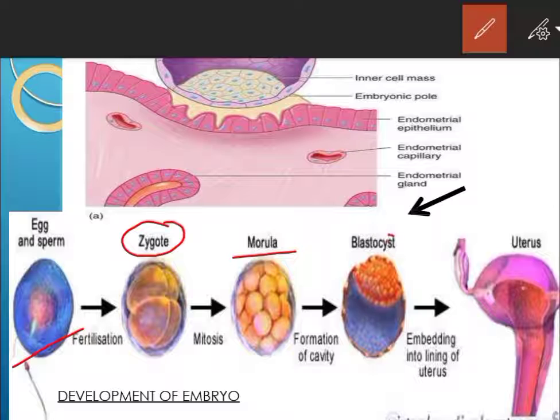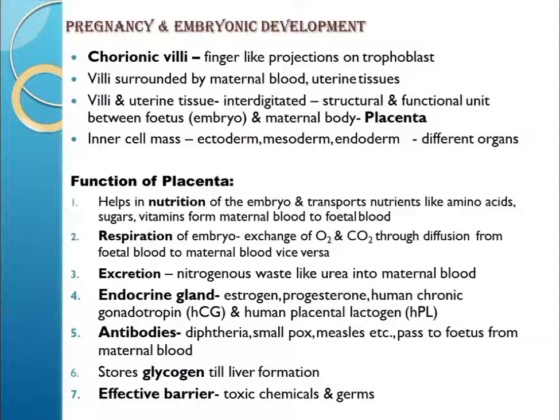Morula further gets differentiated and divided and gets converted into blastocyst, which has the trophoblast layer and the inner cell mass, and then this trophoblast layer helps in the implantation, that is attachment of the blastocyst to the endometrium layer of the uterus. That is called implantation.